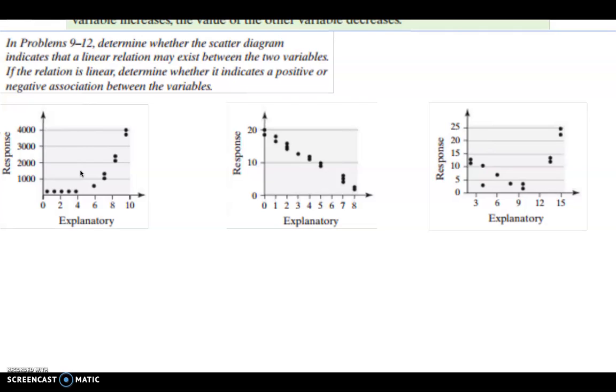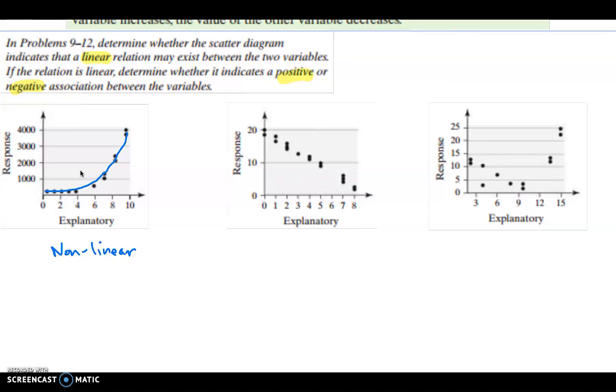Okay, so here are some questions. We want to determine whether the scatter diagrams have a linear relationship, if it exists, and if it does exist, determine whether it's positive or negative. Our first one is following this kind of pattern right here, and so we would call this nonlinear because this is actually more exponential than anything.